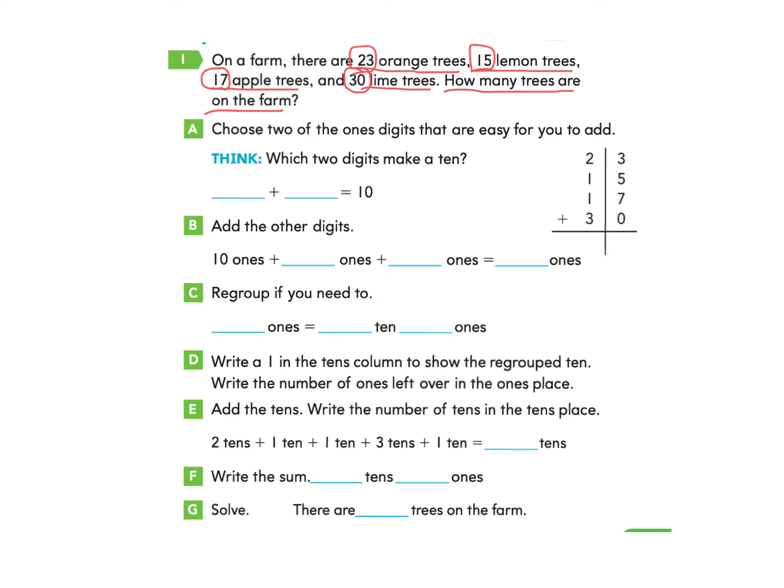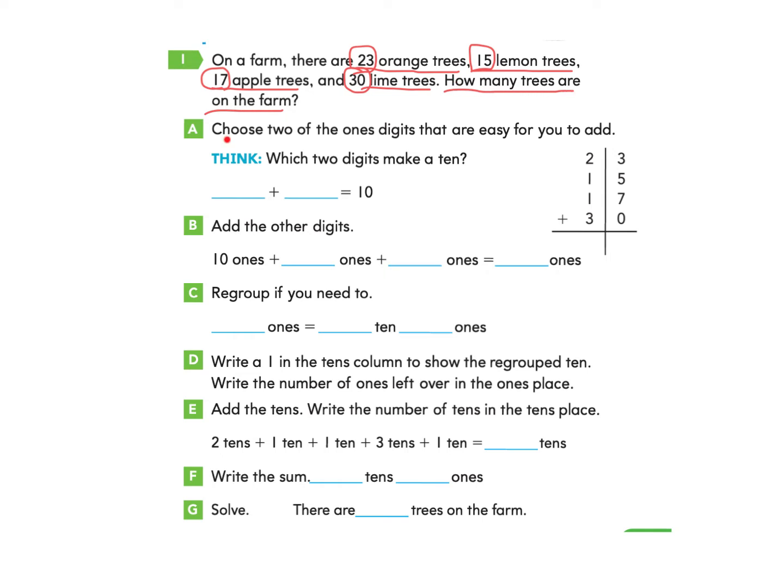They have written this problem out. This is a 4 two-digit addition problem. There are 4 two-digit numbers, 23 orange trees, 15 lemon trees, 17 apple trees, and 30 lime trees, and we're adding them all together to find out how many trees are on the farm.